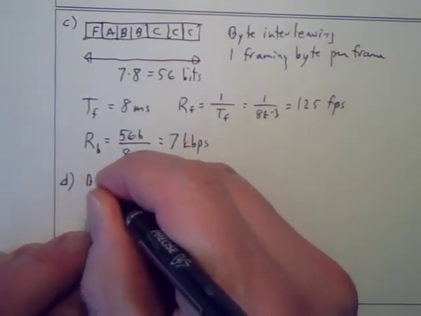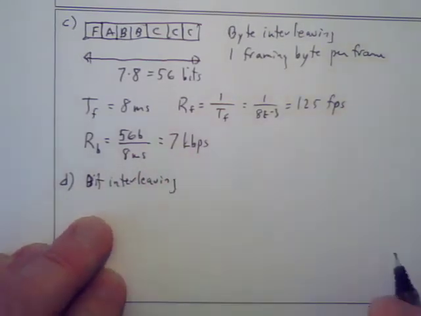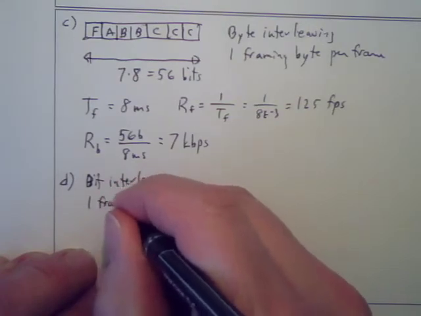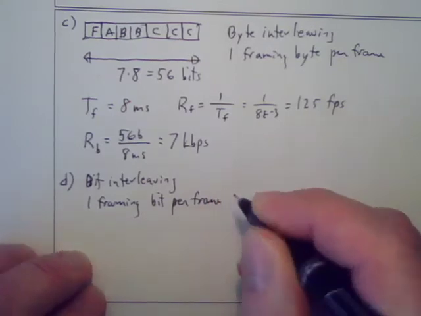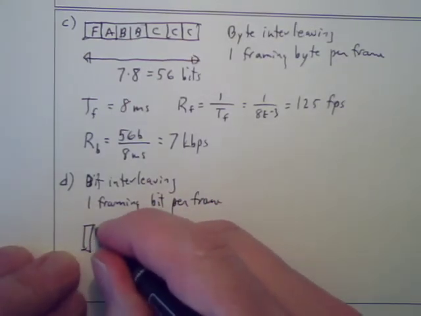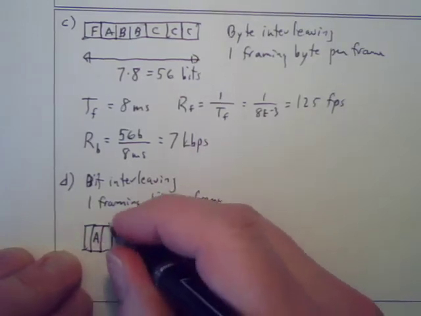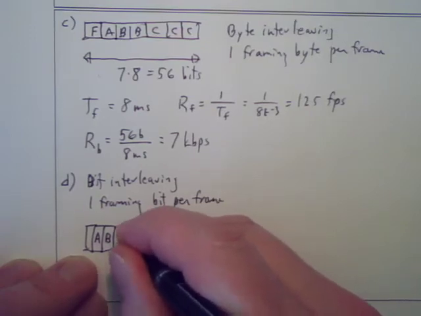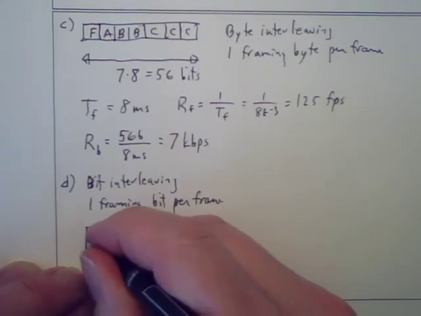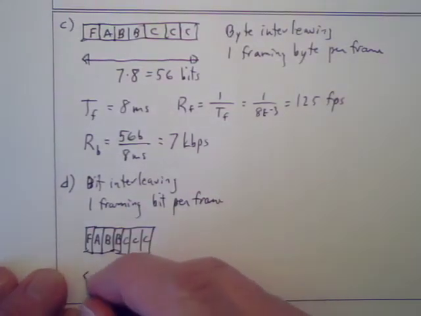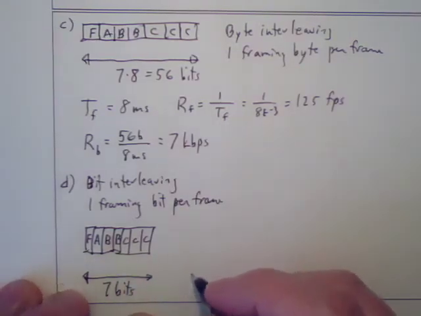Now our picture looks much the same, except I'll draw them a little taller and skinnier. We're going to have a bit from A, 2 bits from B, 3 bits from C, and 1 framing bit. So this is now 7 bits.